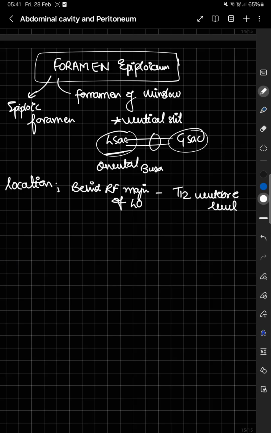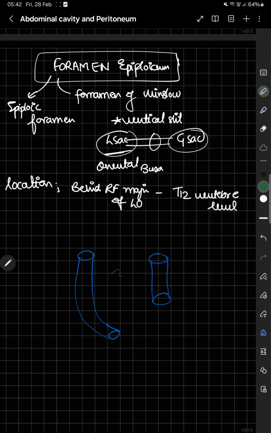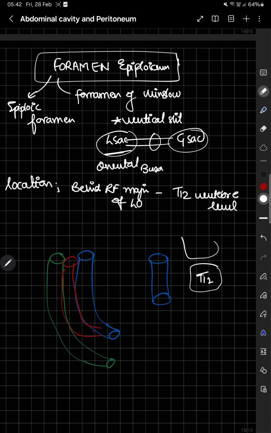Okay, so now we'll discuss how it is actually present in the human body. So first we'll have our inferior vena cava. Okay, then we have our portal vein, then we'll have our bile duct apparently, then we have our hepatic artery, then we have T12 vertebral level.